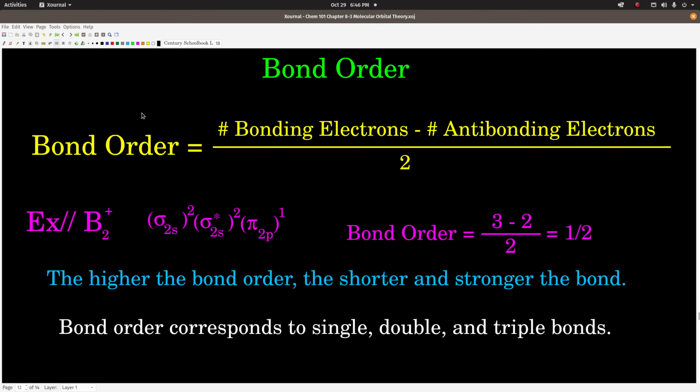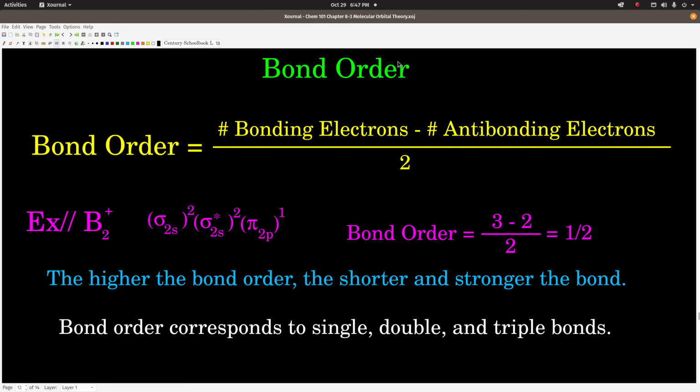Now that we know how to fill in molecular orbital energy level diagrams, we can calculate what's called the bond order. This is the formula right here. You look at your molecular orbital energy level diagram and count up how many bonding electrons there are, subtract out antibonding. Remember, antibonding electrons are the ones with the asterisks.